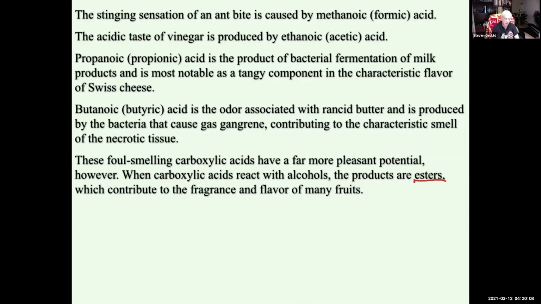An ester is going to have the form, and we'll go over this in a lot of detail right now: R, C, there's your carboxyl group, there's your oxygen. Now, a carboxylic acid would have a hydrogen there. An ester is going to have an R group here, another carbon group. That's an ester. Just by replacing the hydrogen with a carbon group, you make it smell a whole lot better.